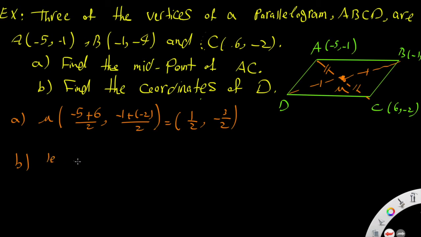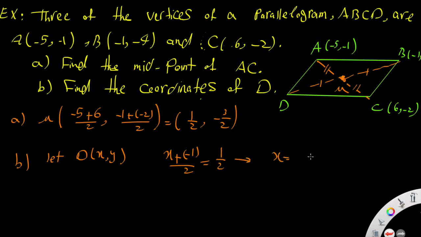Now let D be (x, y). So (x plus negative 1) over 2 should be, we know already the midpoint of AC, which is the same as BD, so I put it 1 over 2.